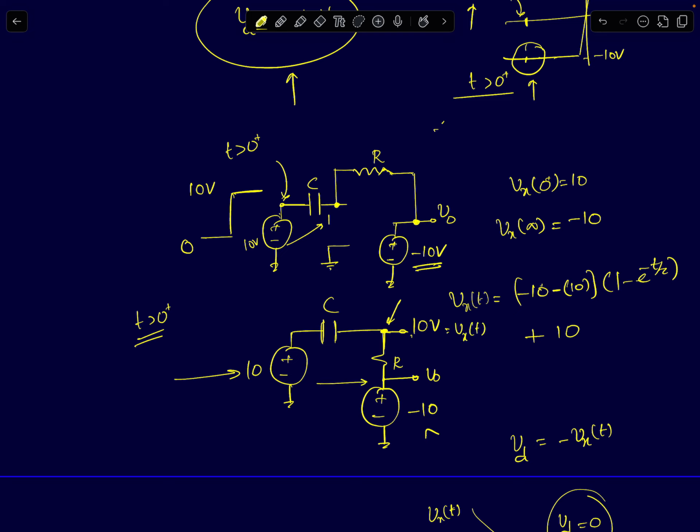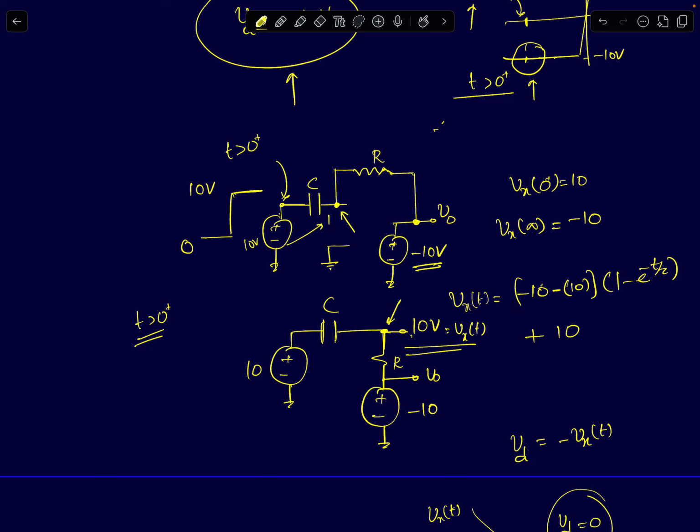The other end of the resistor is at minus 10 volts. Now to see what happens to the output, we'll analyze what happens to the node Vx, the inverting terminal node voltage, and based on that we can see what happens to the output signal.